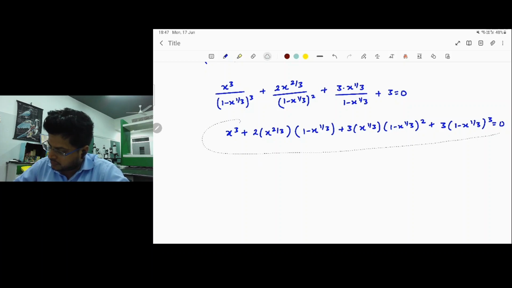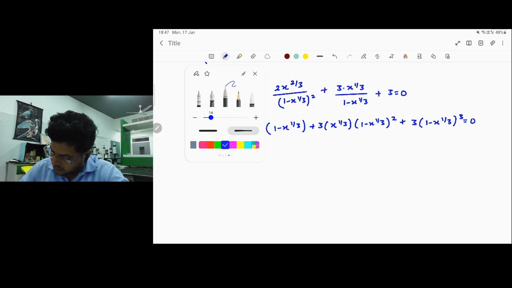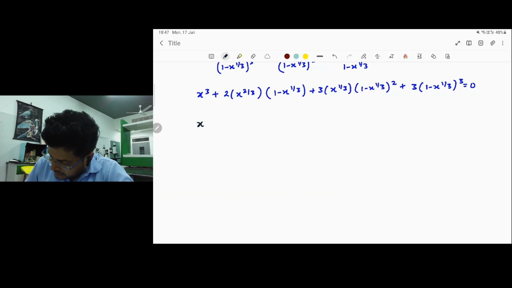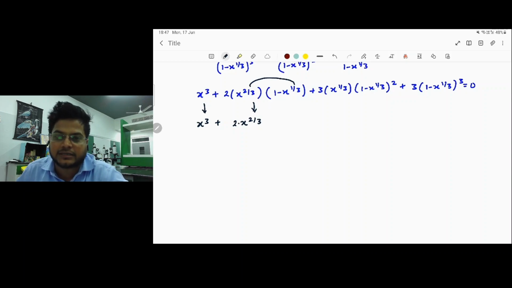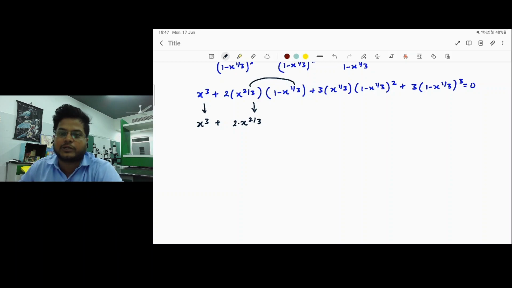I hope there should not be any trouble as of now, because now the trouble is going to start. So this is x cube. Now from here, when you multiply 1 by 1, the first term will be 2 into x to the power 2 by 3. And now see this, when you multiply this, the power will get added, isn't it? So x to the power 2 by 3 into x to the power 1 by 3 will give you x to the power 3 by 3, which is x.